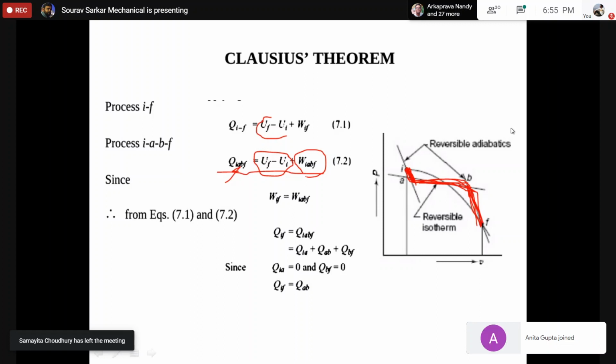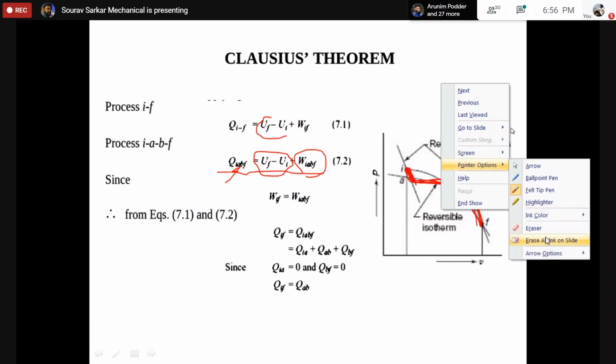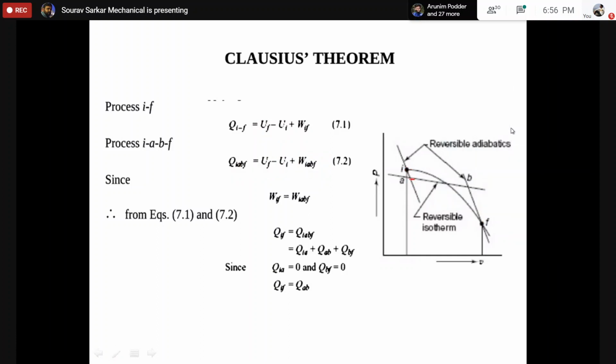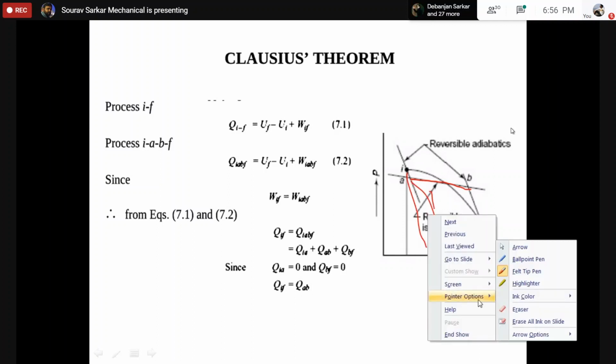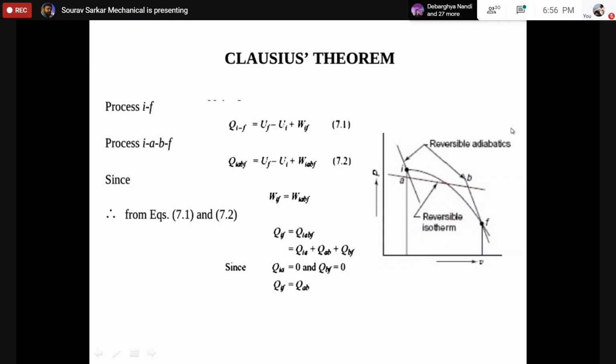So what I can do is draw this isothermal line like this, so that the area under this new curve will be equal to the area under the initial curve, which was drawn initially. Basically, whenever you draw this part of the line, you are losing this much amount of work, but simultaneously you are gaining this much amount of work.